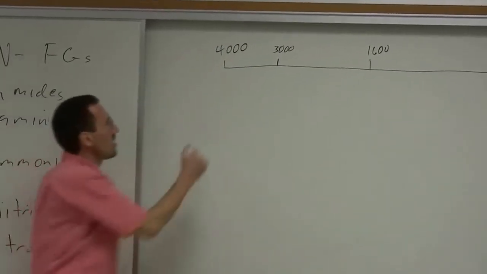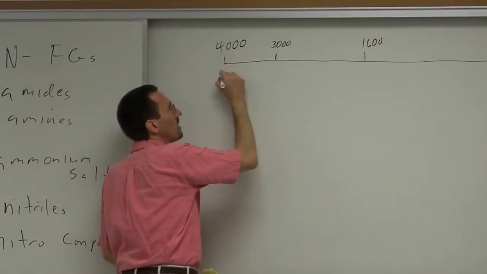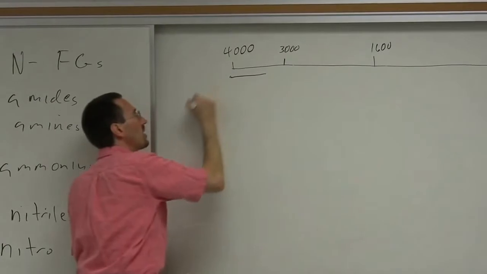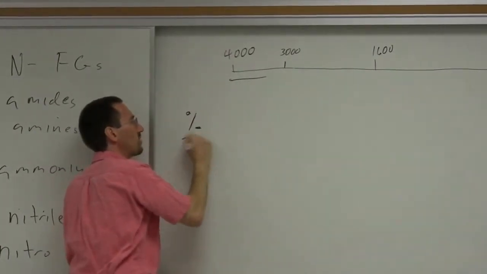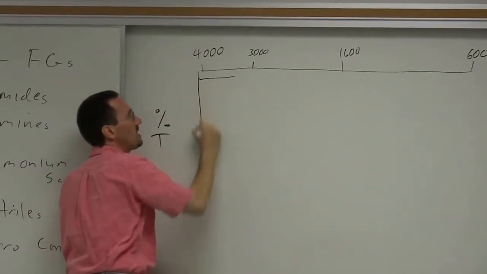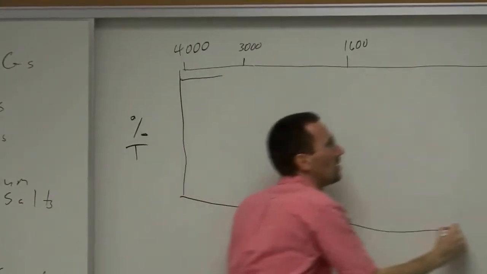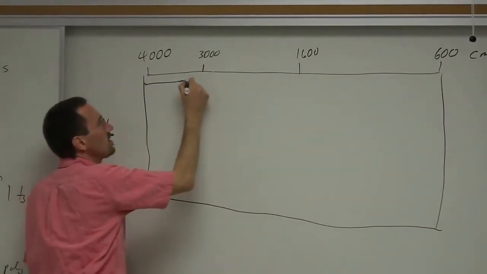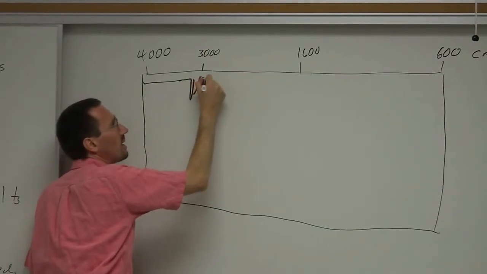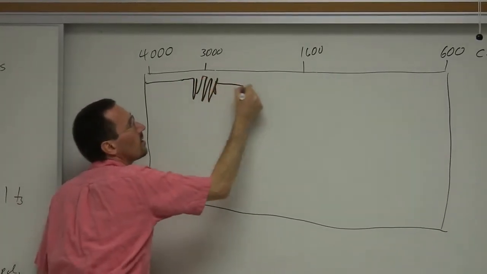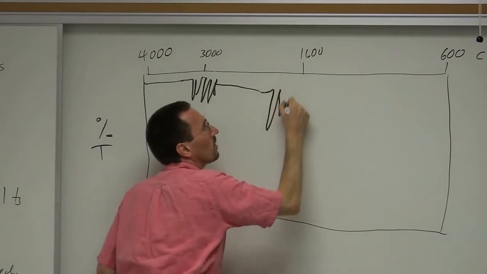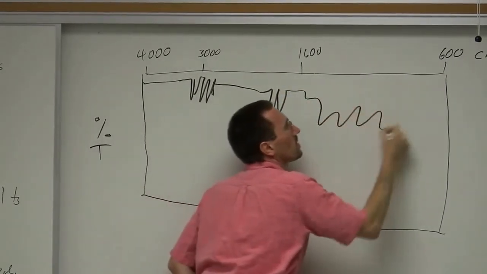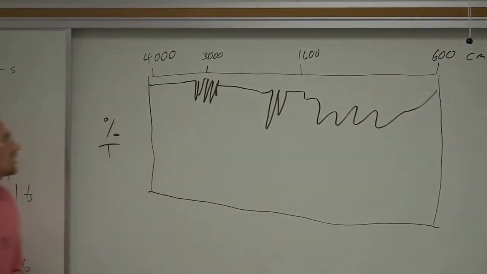So if you have an IR spectrum, maybe you see something like this. If I'm going to label my axis, of course, you're going to have %T, and your spectrum is going to look something like this. So you see some peaks and some stuff over here.